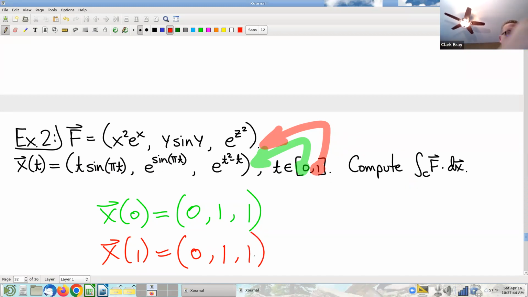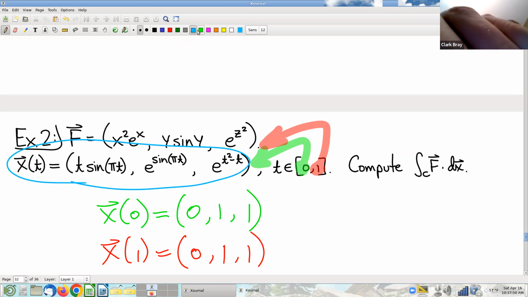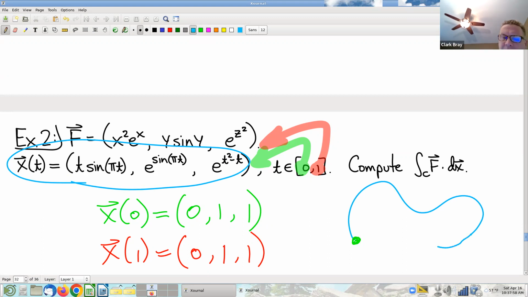So this curve itself is some sort of a nightmare, right? But it starts where it started, and where it ends up when it's all said and done is the same point. And so really what you've got is a closed curve.